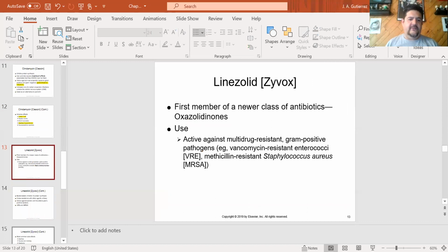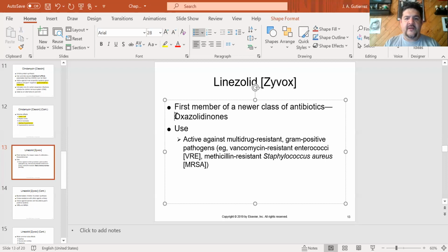Now let's go to new drugs, Linezolid or Zyvox. This is a new medication. It belongs to the oxazolidinones. The highlight about Linezolid is that it is used for infections that have resistance against vancomycin or have resistance against methicillin.